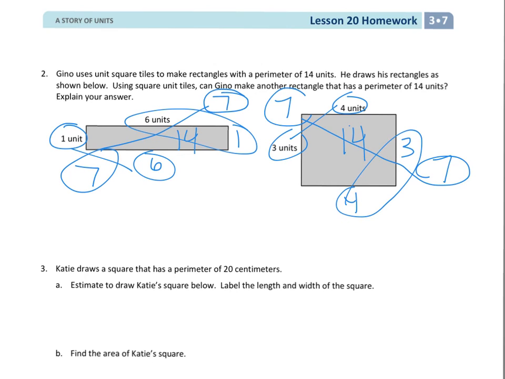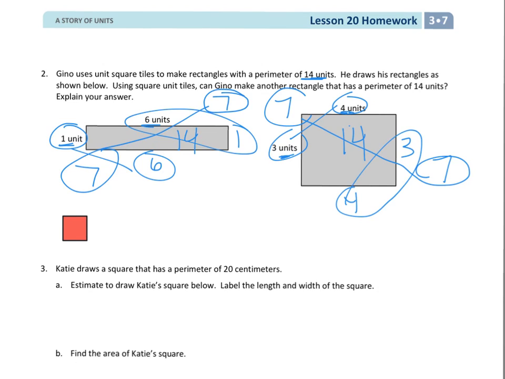So I'm going to add my two sides, my length and my width. Are there any other two numbers that can make 7? Because that's half of the 14. That's the length and the width. So I have 1 and 6, 3 and 4. What if I pulled out some cubes here and I tried a different one?